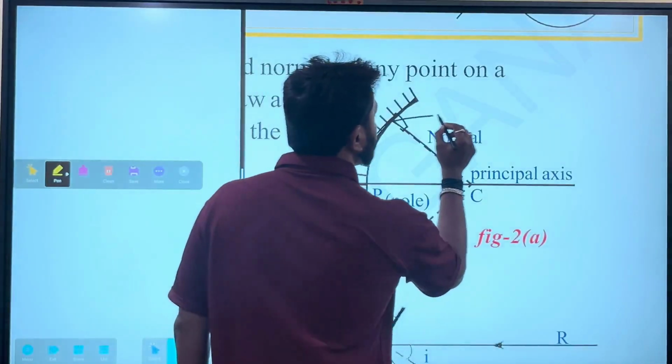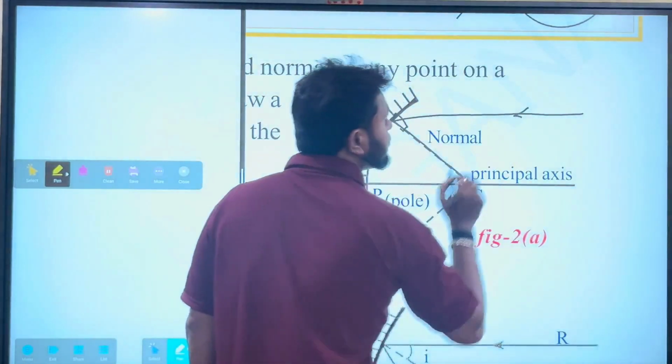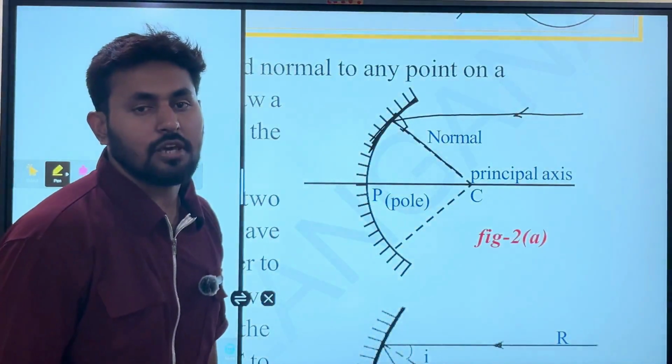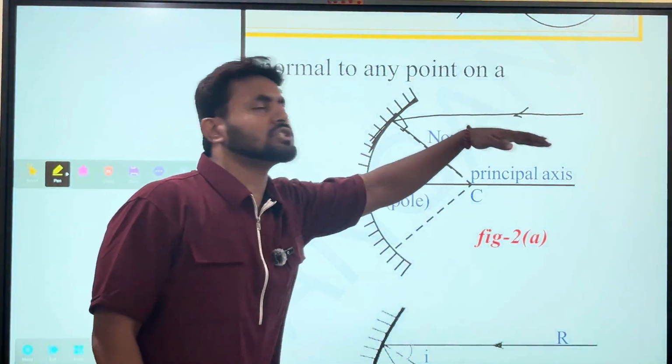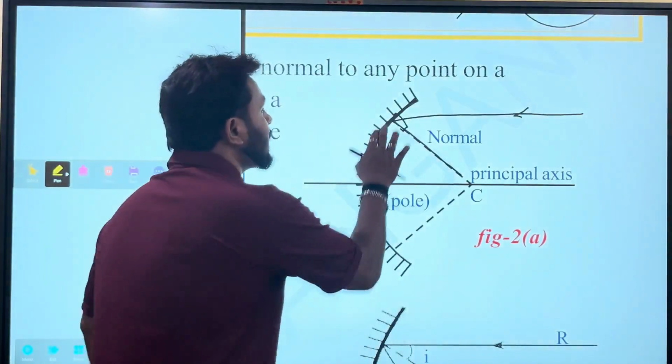Let's say this is an incident ray. An incident ray is nothing but a ray of light which is coming from far away and striking the mirror.